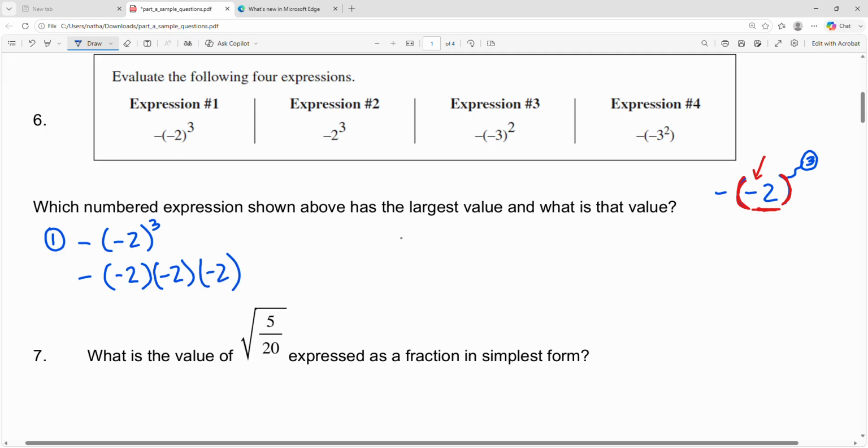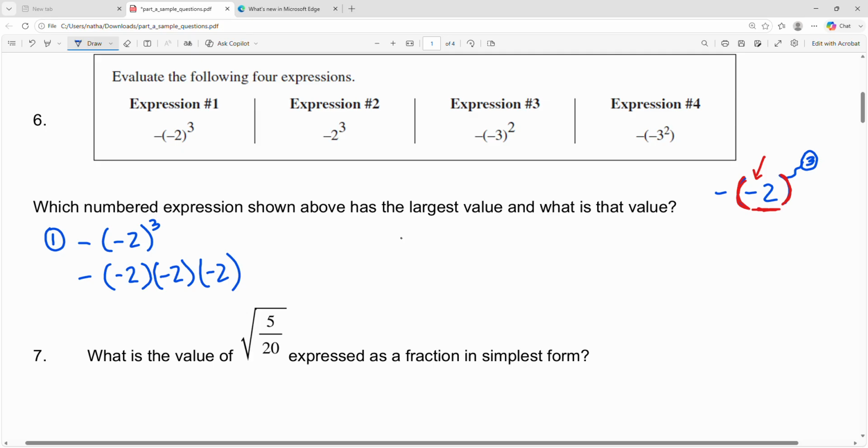If we're dealing with large exponents, though, we definitely need to understand the rules: when we have an even exponent, we would get a positive number. When we use an odd exponent, we get a negative number. That is as long as we have brackets, though, okay?